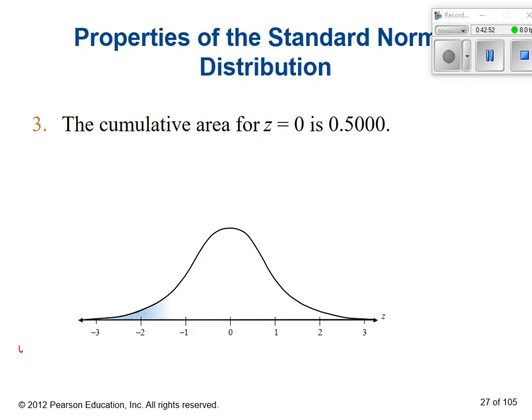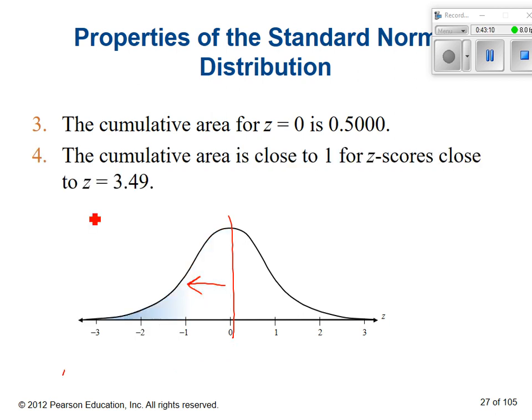That's sort of obvious. Cumulative area from 0 down is 0.5 or 50%. Same thing for the area going up there. If we're over here on this side, the cumulative area from here down, we're almost always working from the left to the right, should be close to 1 whole, should be everything.